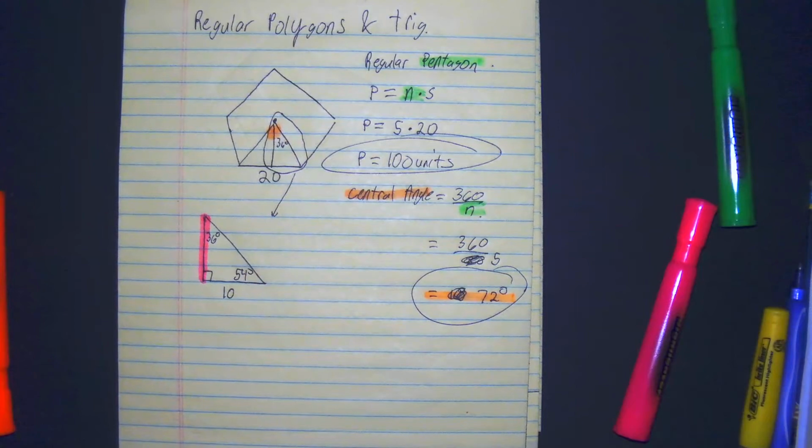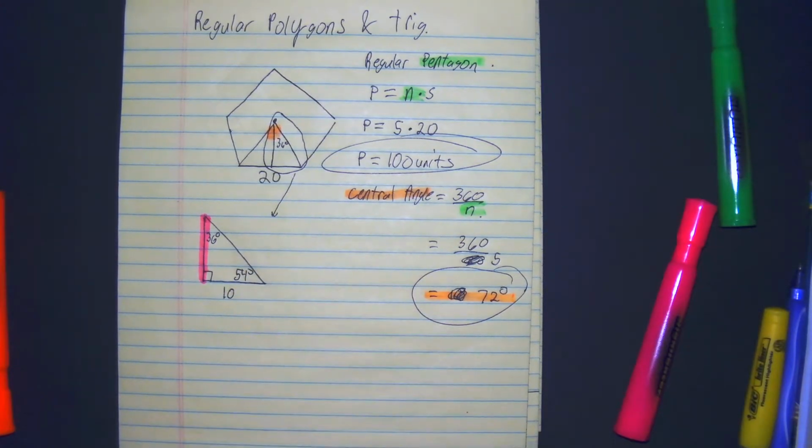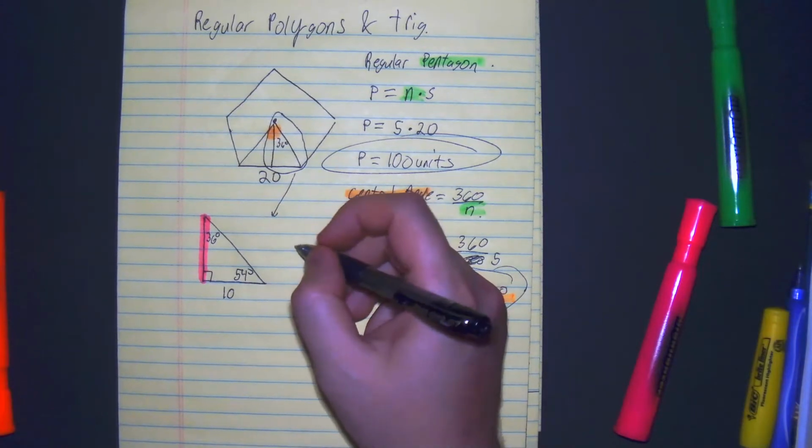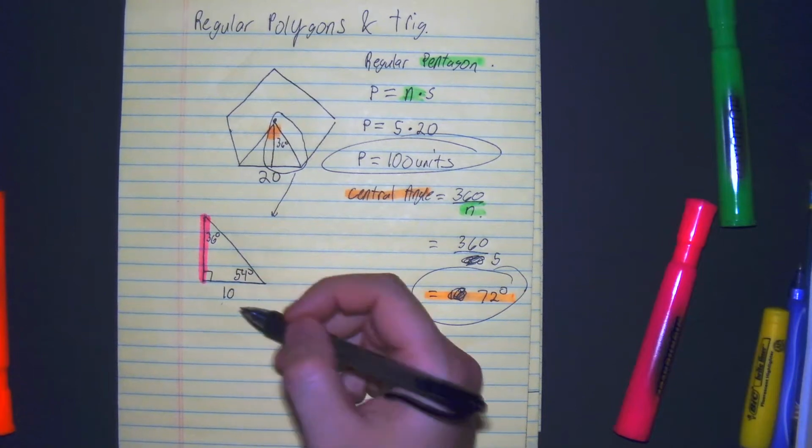The way we could do that is we're given this side length. Sine's the easiest one to work with, I think. Or tangent, I mean. We have two things given.